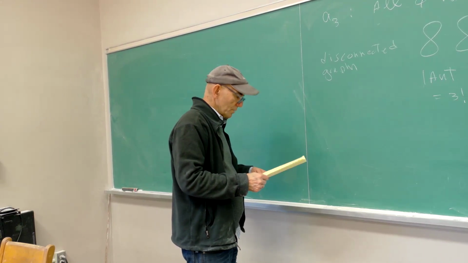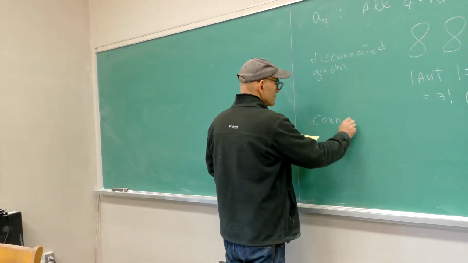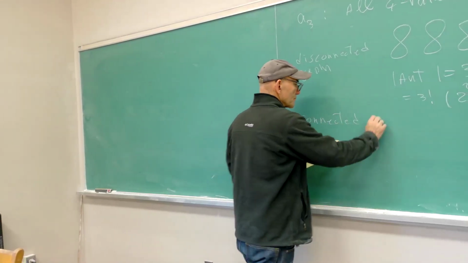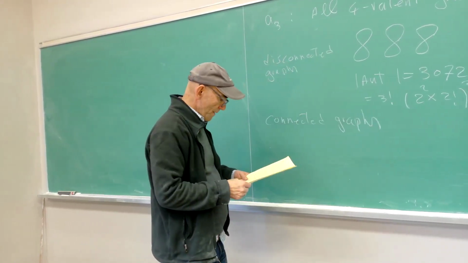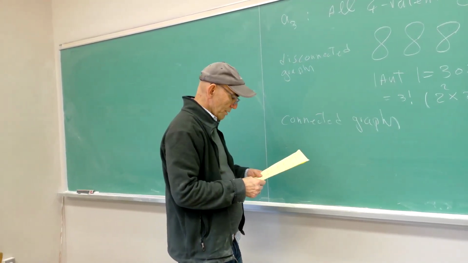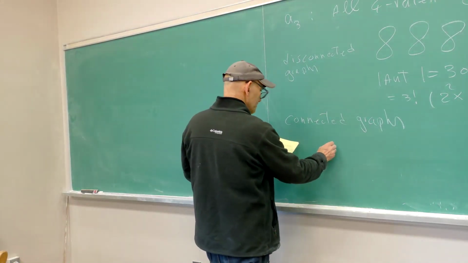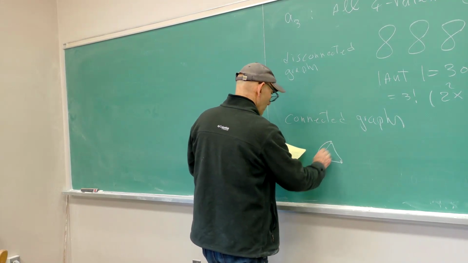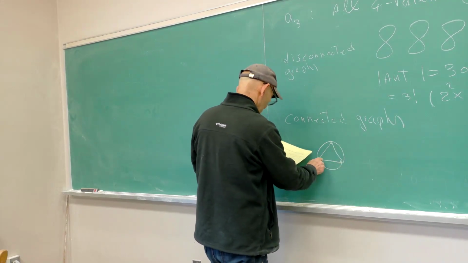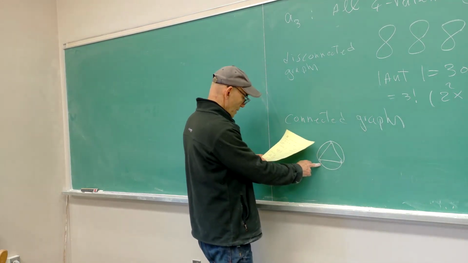Then let's look at connected ones. So there is this one, the double-edged triangle.